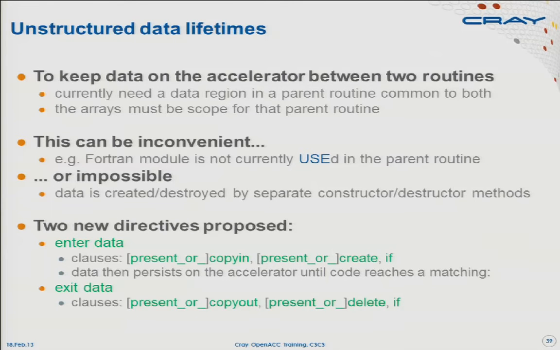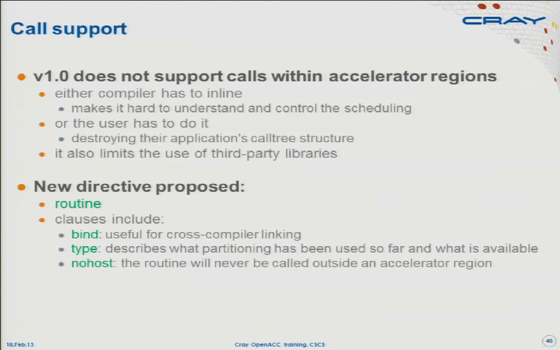The idea is to have, instead of ACC data and then, in the same main program or whatever, end data, in the constructor you would say something like enter data, and in the destructor you would say exit data. You'd have to mention what this data was, and when it reaches the matching end thing, it would disappear. So it would give you the ability to no longer have to have formal data structures. You would have data structures that are much more flexible.